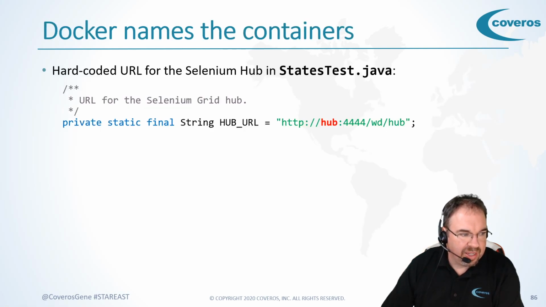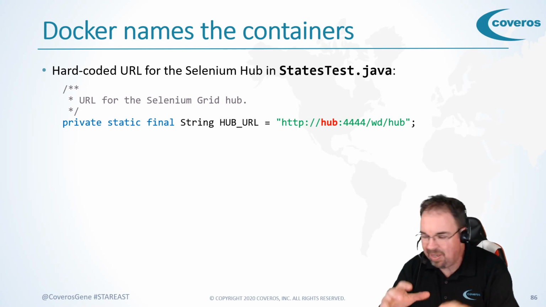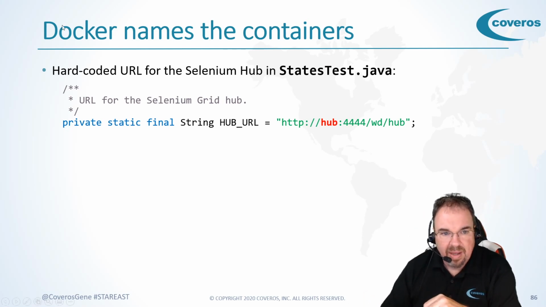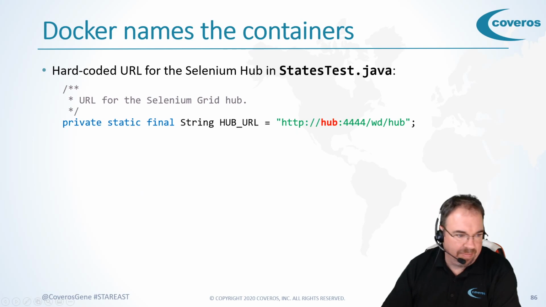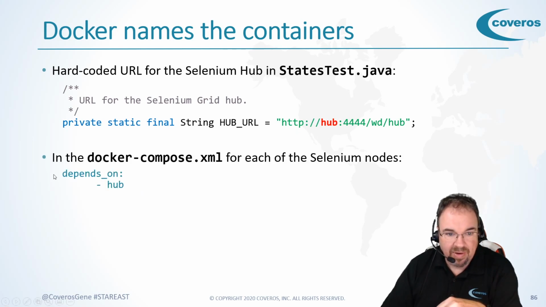Now, one of the important things to know is that Docker named all those containers. We didn't need to tell it the IP address of all those systems that got stood up because in the Selenium code, we said the hub URL was hub, right? That was the domain name. And we named that in the Docker compose, right?